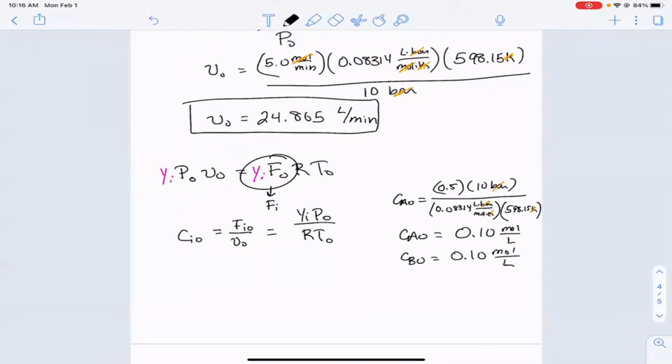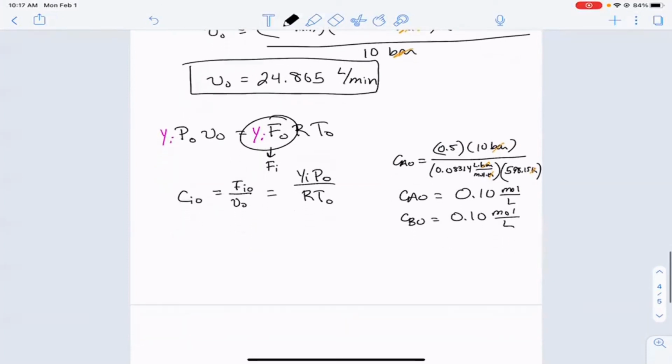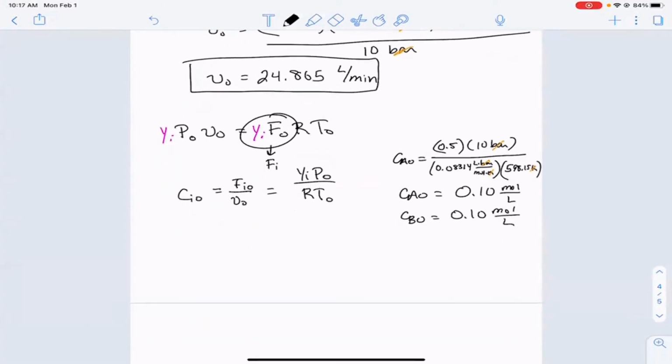So we have our initial volumetric flow rate, we have the initial concentration of A, and we have the initial concentration of B. And what the problem asked us to find was the volumetric flow rate and the concentrations of A, B, and C as a function of the conversion. So this is only asking us to apply the equations that we just derived.